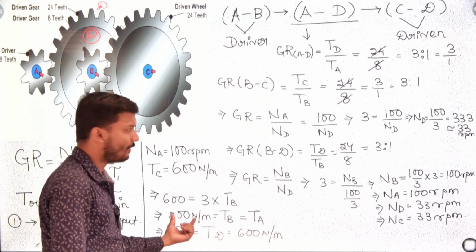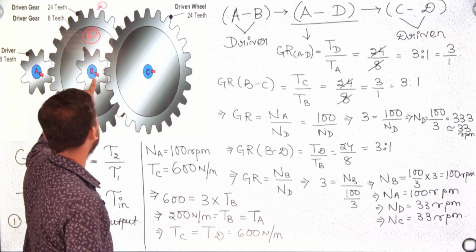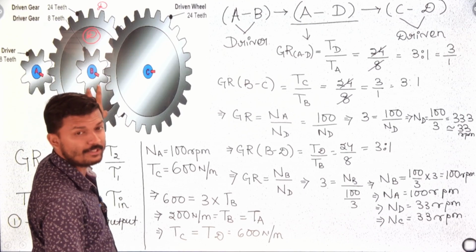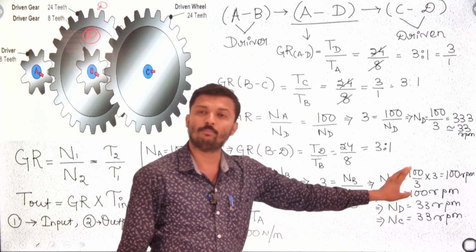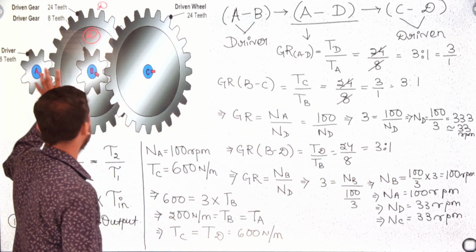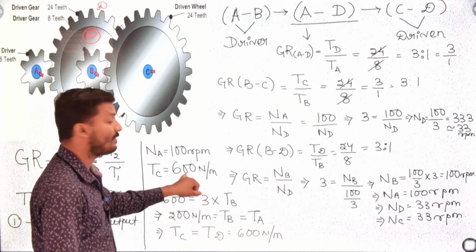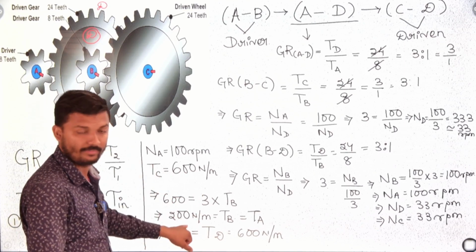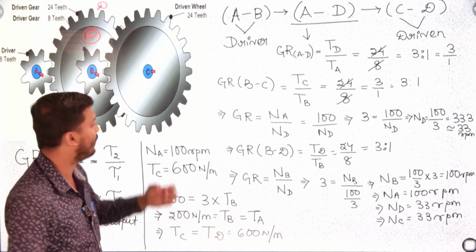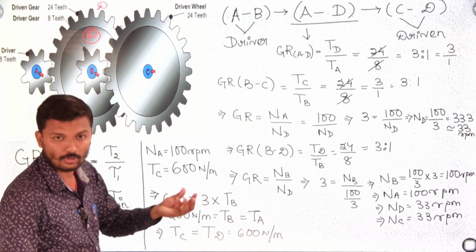It reduces because A and B are small gears, the size is very small, which is why the speed is more and the torque is less. We were given a torque of 600 and now we are getting 200, which means the torque is reduced because the size of the gear is very small.